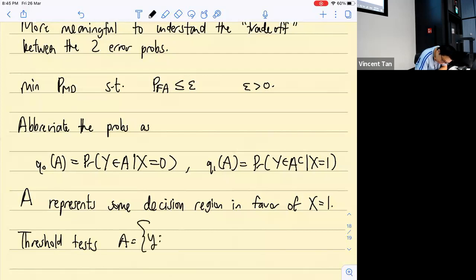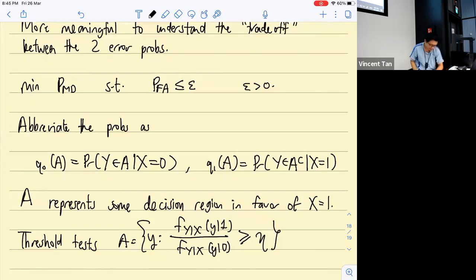All the Y's such that the likelihood of Y given 1 over Y given 0 is greater than eta. So this is in favor of X equals 1. If Y lands inside the set, then we declare that hypothesis 1 is true.